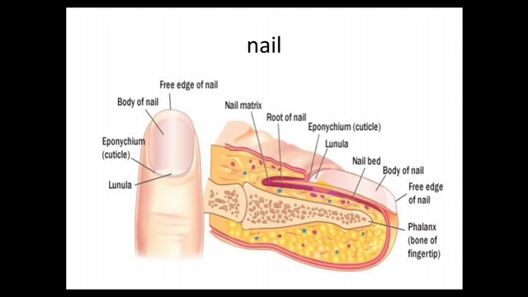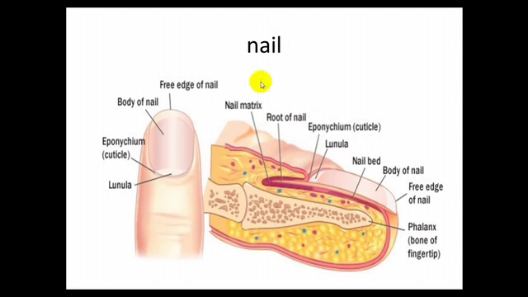The nail develops from the cells of the nail matrix that proliferate and become keratinized. The nail matrix, a region of the nail root, is located beneath the proximal nail fold.